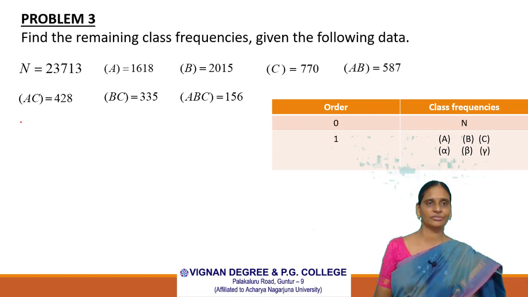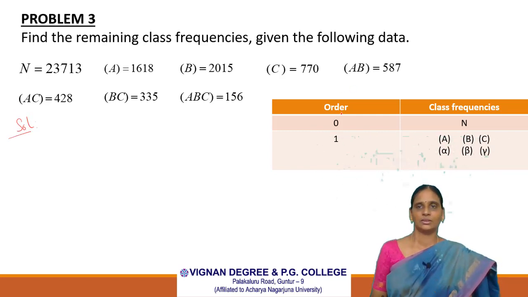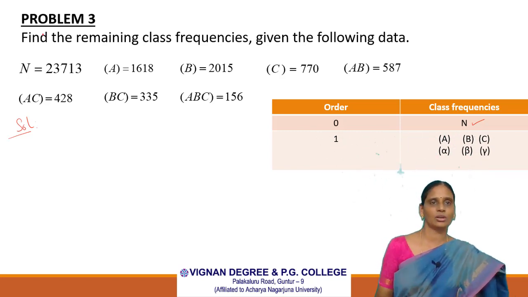Now the solution of this problem is, so here we have to see in the 0th order the corresponding class frequency is capital N. So this capital N value also given in this problem. So that value is 23,730.